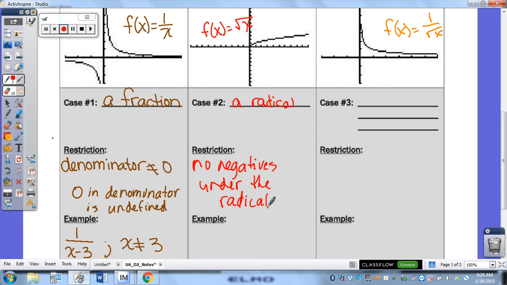Remember, what happens if we have a negative under the radical sign? What does it turn into? Imaginary. If we have a negative under our radical sign, we have an imaginary number. We can't have that. We can only graph real numbers. So, no negatives under the radical.